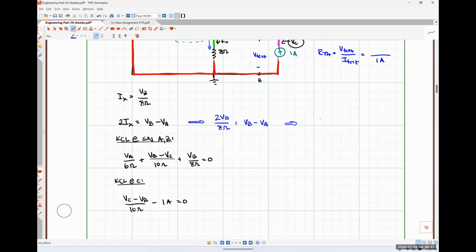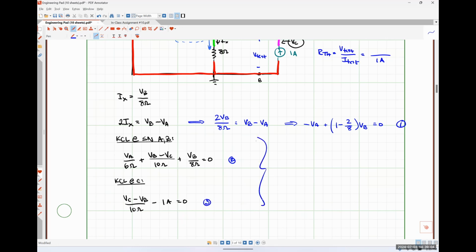So that's going to look like negative VA plus 1 minus 2/8 VB is equal to 0. Did I rearrange that correctly? Yes, sir. Okay, so we've got one equation, two equations, and three equations.